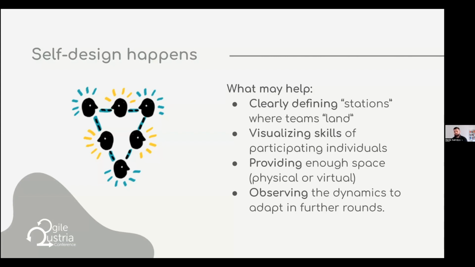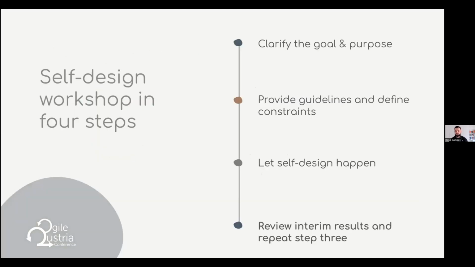Provide enough space, both physical and virtual, doesn't matter. And the role of the facilitator here will be mostly about observing the dynamics which are going on, understanding things that might have confused people, and adapting them in the further rounds, because as it's clear from the slides, the last statement, there will be multiple rounds.